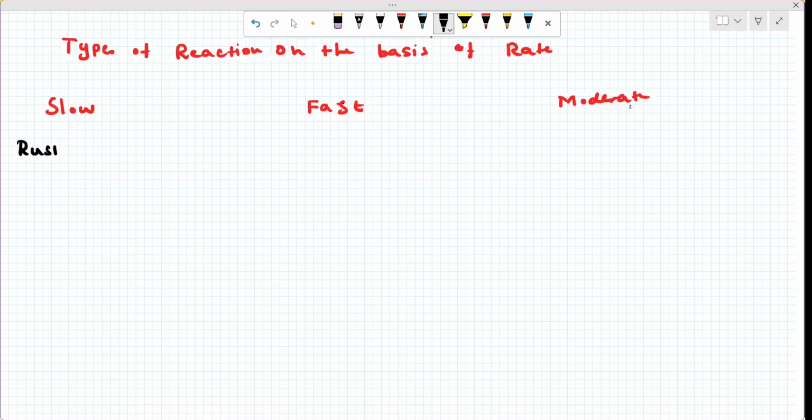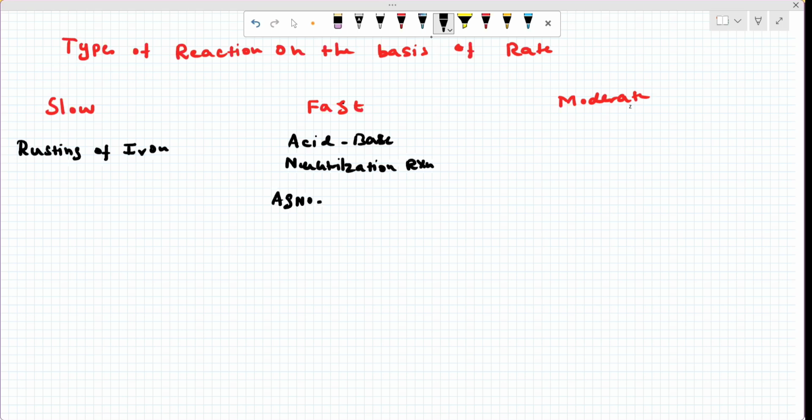Fast reaction example? Acid base neutralization reaction. Another example: AgNO3 reacts with NaCl. What forms? At a fraction of time they form AgCl.